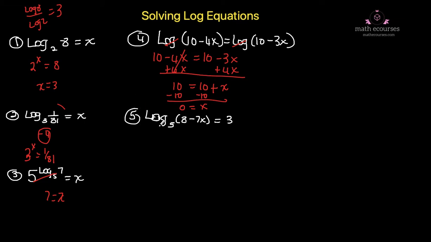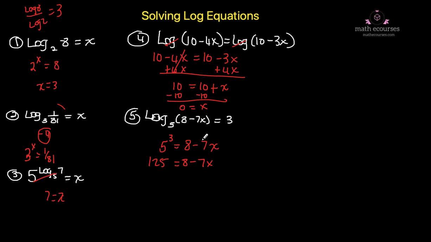Okay, here's a really good example where you have to write it in exponential form. So I would have 5 to the third power equals all that, so 8 minus 7x. Then I would need to solve this. 5 to the third power is 5 times 5 times 5, which is 125. Now, to solve this, you just need to solve for x.